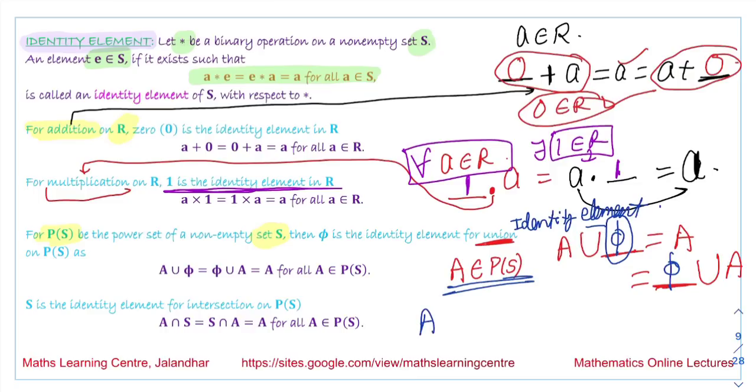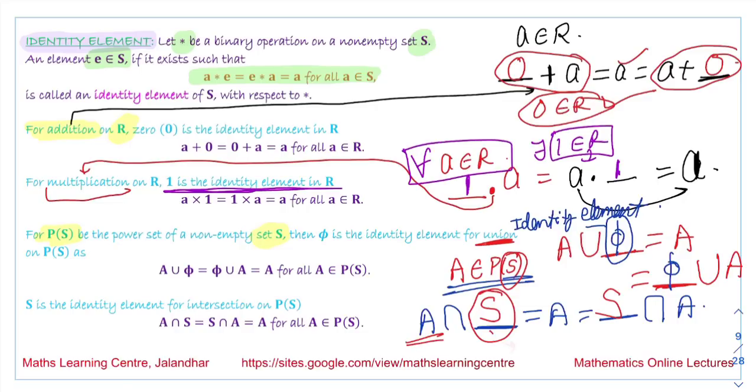A intersection some set should be equal to A, and that should be equal to that set intersection A. We know that if we take the intersection of a set with the universal set, which in this case is S, then A intersection S is equal to A is equal to S intersection A, and this holds for all A belongs to the power set of S.